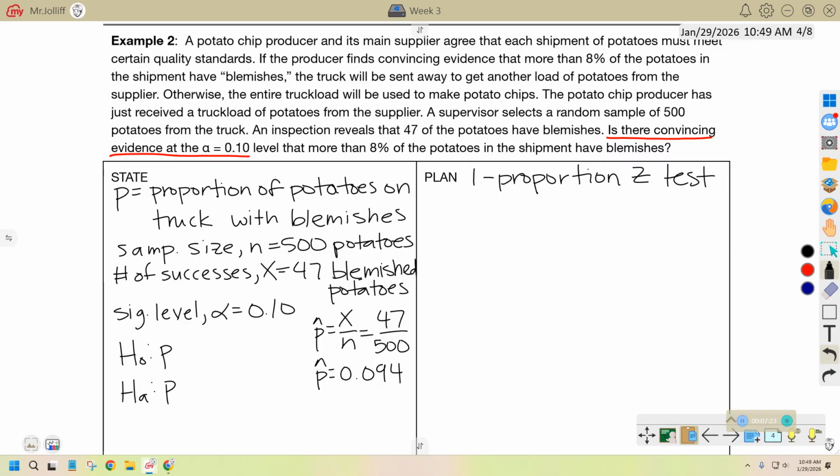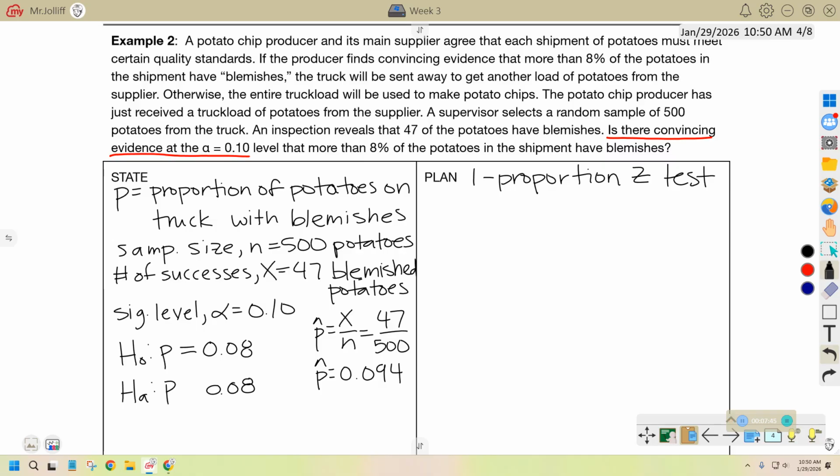Very good. So 0.08, and then I need relational symbols to go between those two things. Starting with the null, what goes between the P and the 0.08? Equals, always equals. Very good. It's always a statement of equality.